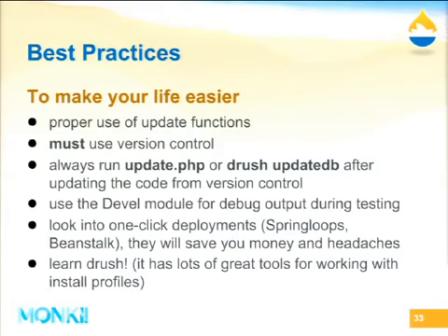You're all probably using version control, but one thing that you may want to look into is version control that works with one-click deployments. This can either be a service like Springloops or Beanstalk, or it can be something that you host locally. There are plenty of scripts out there that you can find on GitHub.